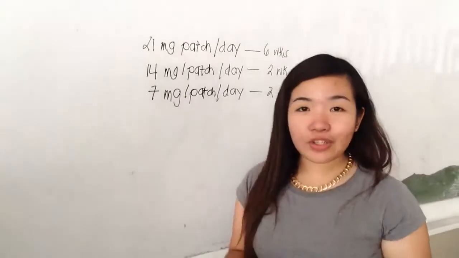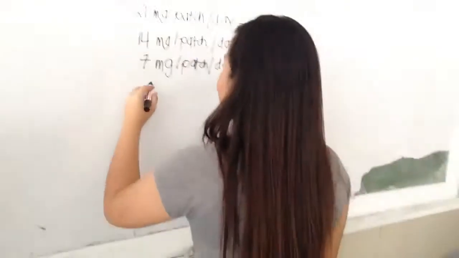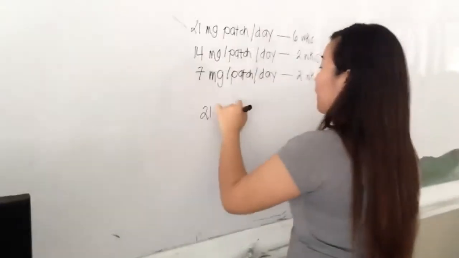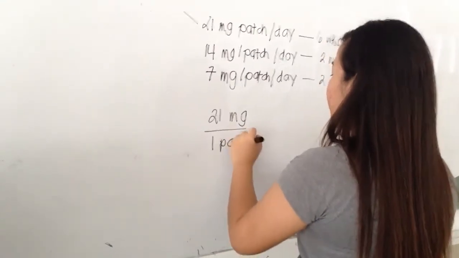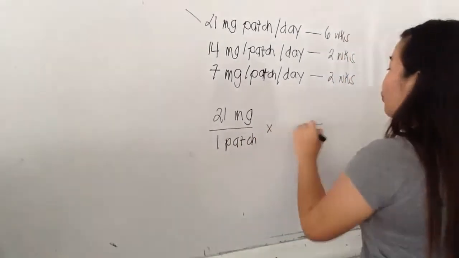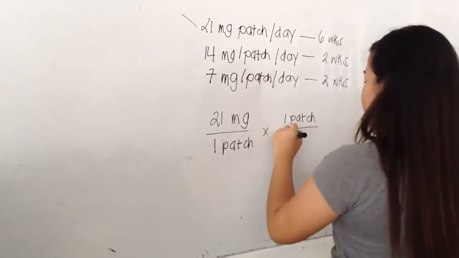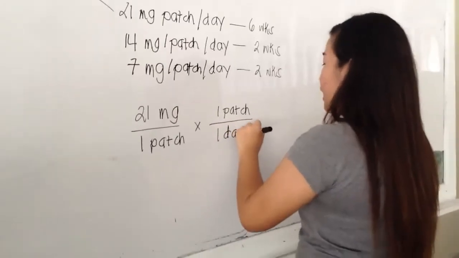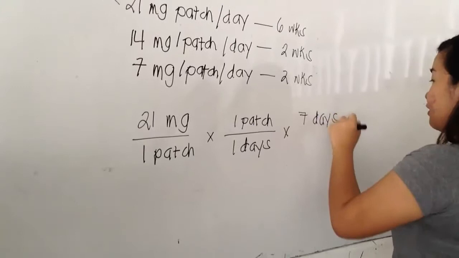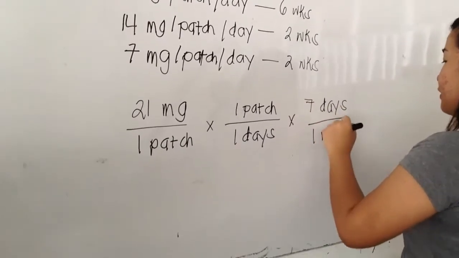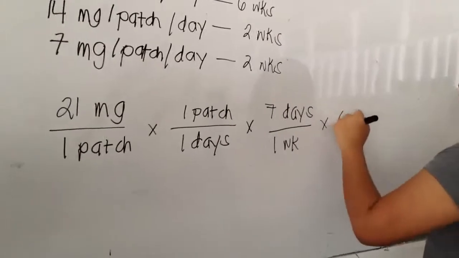So we are going to use dimensional analysis. For the first one, there are 21 milligrams in one patch. And the patient needs to wear a patch each day, and there are 7 days in 1 week. And the patient needs to wear it for 6 weeks.